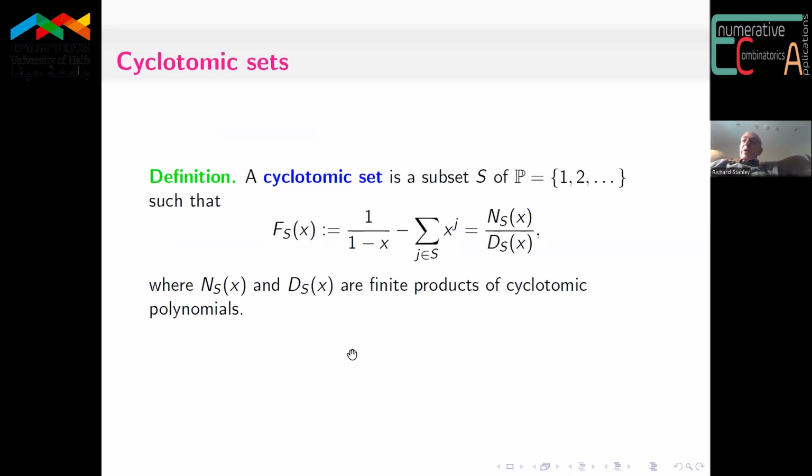It's rare that this happens, but we can think of S as a set of forbidden part multiplicities when we try to find the partition identity. And we take the product of f sub S of x to the i over all i. The elements of S are the part multiplicities which are not allowed to appear in our partition.